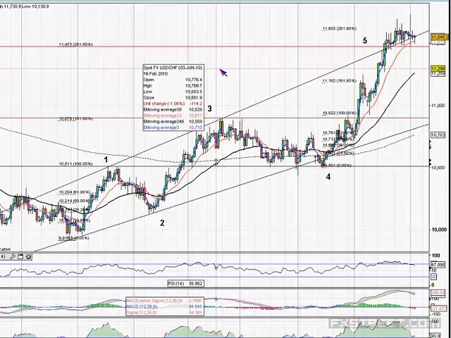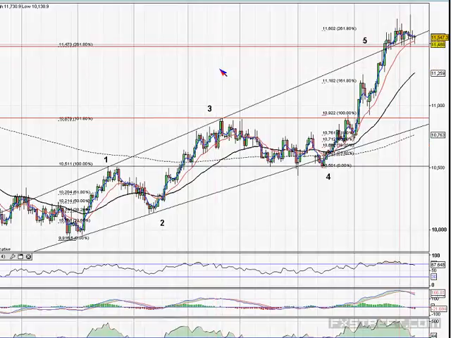Now, what could potentially happen here? I know I keep on saying potentially because the market is unique. Every moment in the market is unique. Just because it happened before doesn't mean it's going to happen again. Technical analysts, technical traders look for repetition, and that's what we're trying to get. So euro Swiss, if the stocks got sold off, which I know a lot of analysts are still predicting, a decent sell-off, then euro Swiss could potentially sell off.